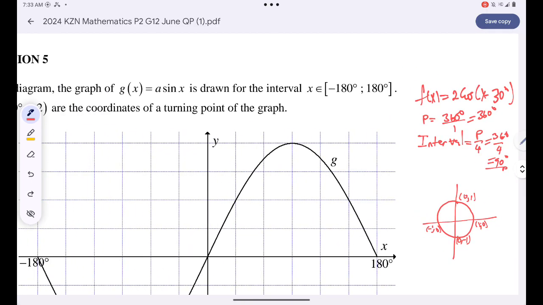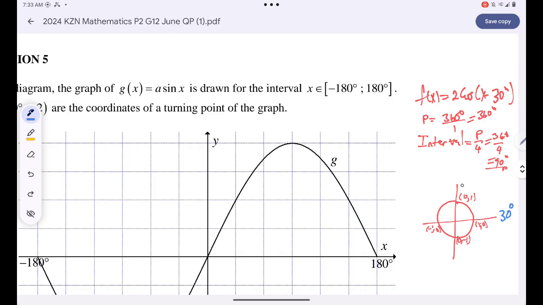Since I have negative 30 next to my angle, that means my graph has been shifted 30 units to the right. So my graph will not start at the y-axis, but will start when x is equal to 30 degrees.